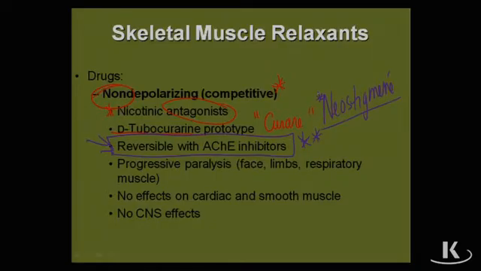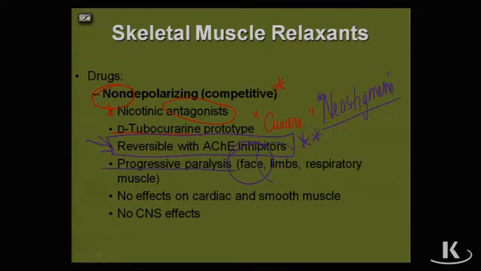In this situation, we have a good skeletal muscle relaxant that can be reversed with a simple drug such as neostigmine. Let's talk about the paralysis. Remembering myasthenia is pretty relevant here because we'll observe a progressive paralysis. First, the facial muscles will be affected, exactly like in the disease myasthenia with facial muscle weakness, ptosis.